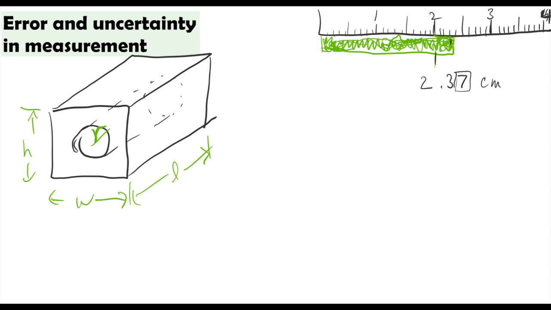I'm pretty sure that number is going to be somewhere between 0.36 and 0.38. So that is why I add 0.01 uncertainty at that last digit. Could be a little higher, it could be a little lower, but 7 is a reasonable guess.